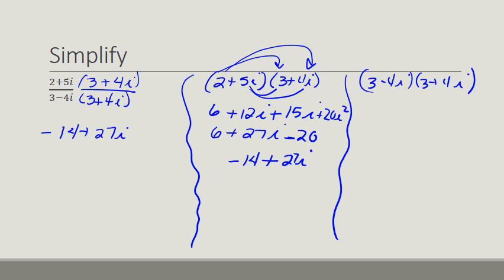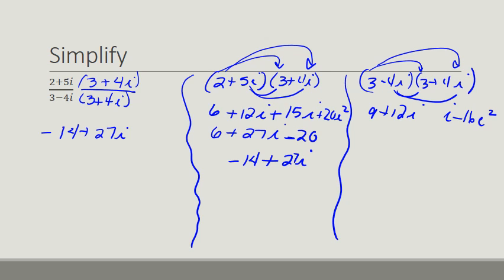The bottom, we're going to do 3 times 3 is 9. 3 times 4i is 12i. Then negative 4i times 3 is negative 12i, and minus 16i squared. Okay.